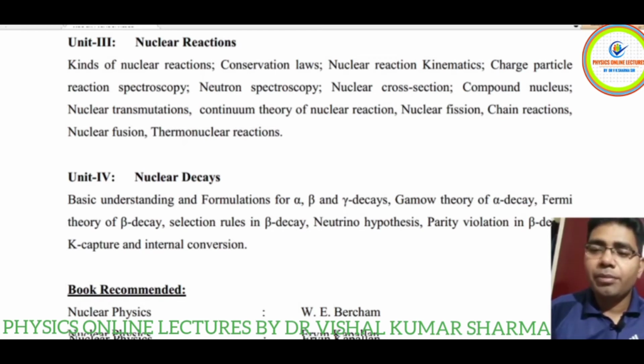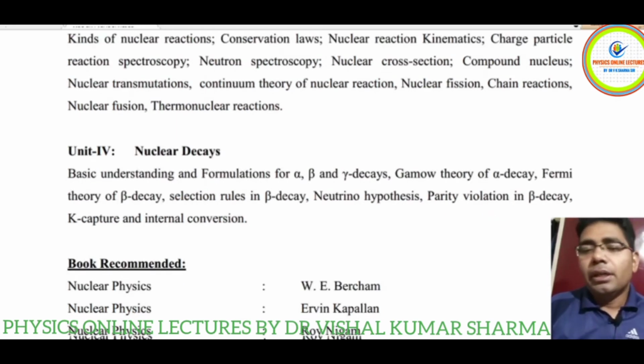On this basis we have the neutrino hypothesis, and in beta decay there is parity violation. We shall also discuss K capture and internal conversion. So students, this is all about the syllabus we are going to discuss from Unit 1, Unit 2, Unit 3 and Unit 4. There are four units in the MSc nuclear physics third semester syllabus.